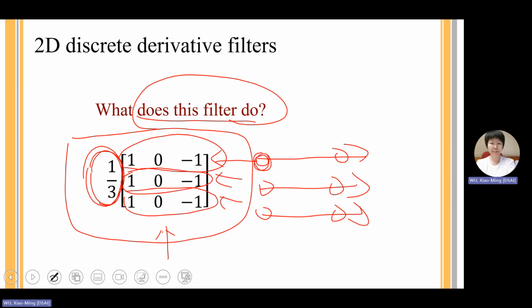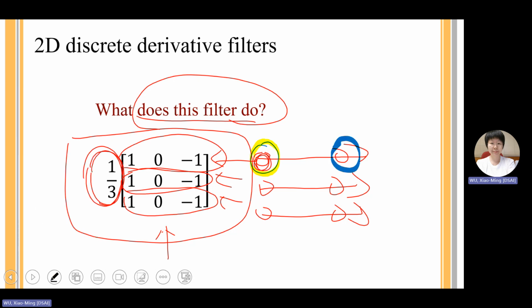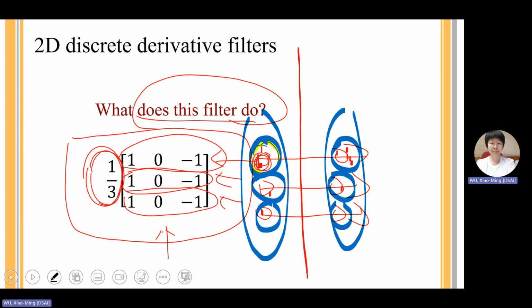Say, if there's a large difference between these pixels and these pixels, because there's a very large difference between them, there might be a significant edge here, right?